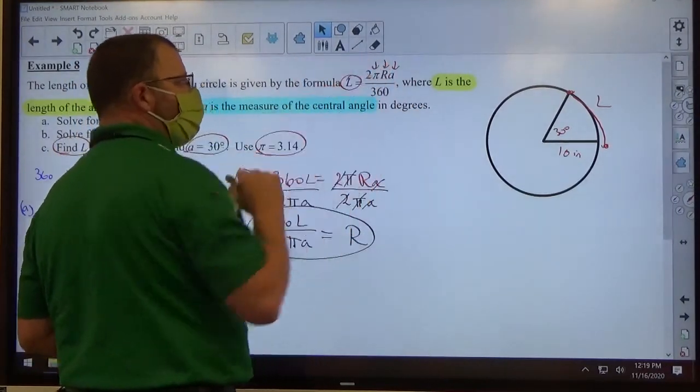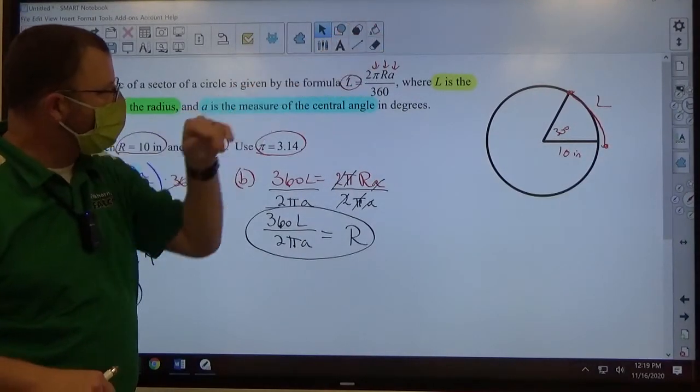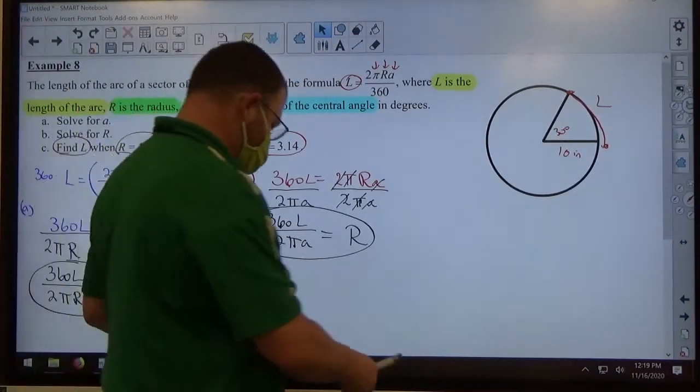Notice everything over there is a number, 2 and 360 and pi, except for R and A, so they tell me R and A.